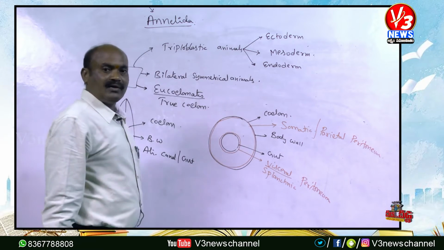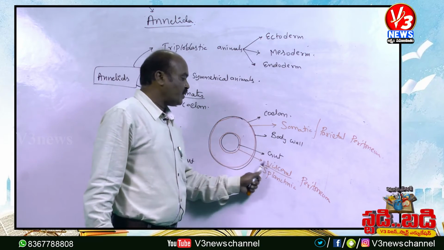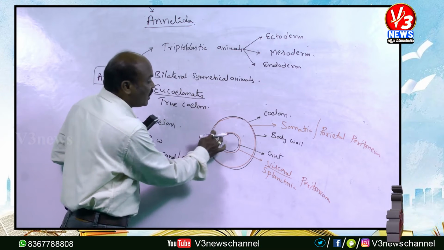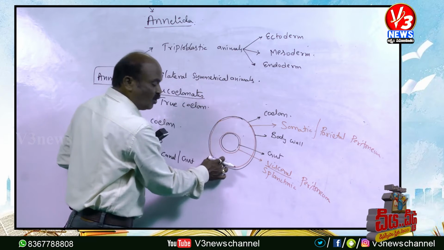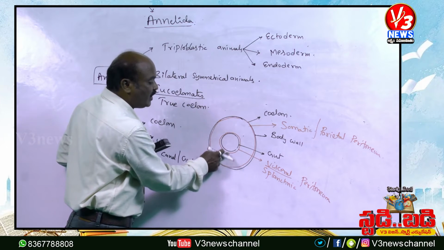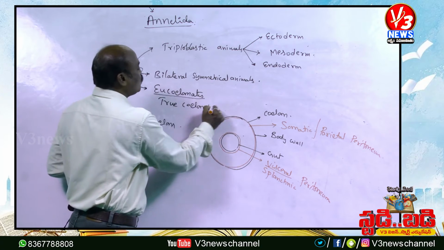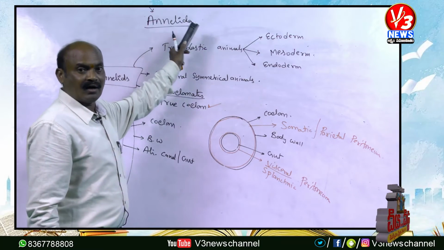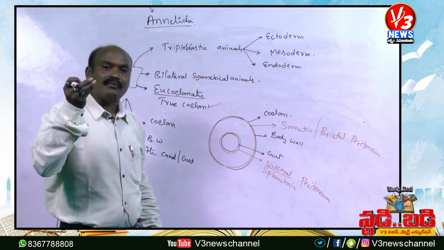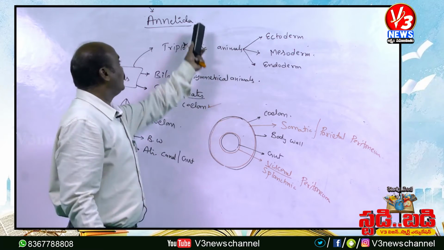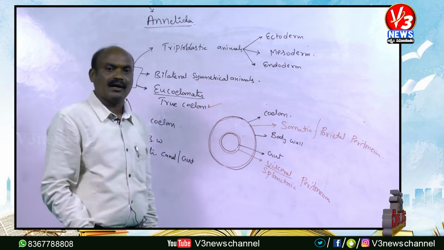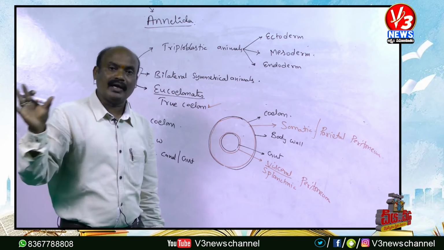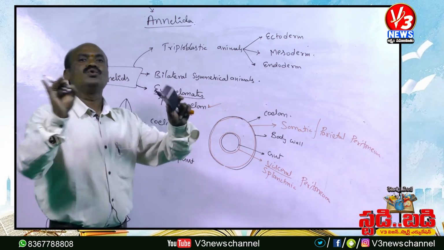So the peritoneal lining has 2 layers, outer is somatic, inner is visceral. The coelom between these two layers is the body cavity. The coelom is lined by peritoneum, hence it is called true coelom. The first eucoelomate phylum is Annelida. The invertebrate phylum with the true coelom is the Annelida. Not only Annelida, from Annelida to Echinodermata, all are true coelomates.